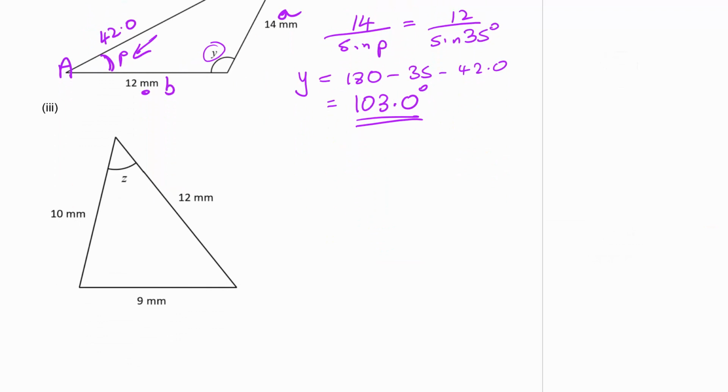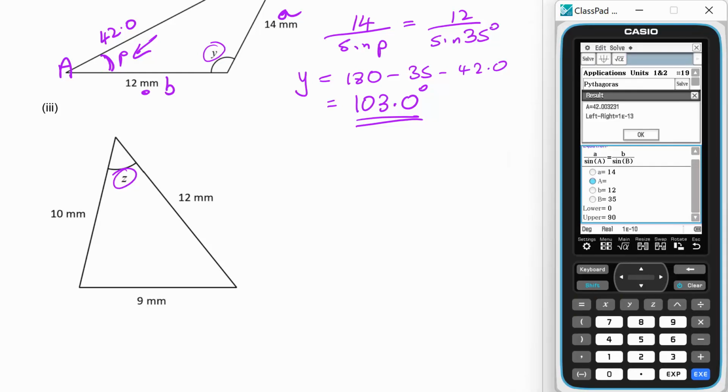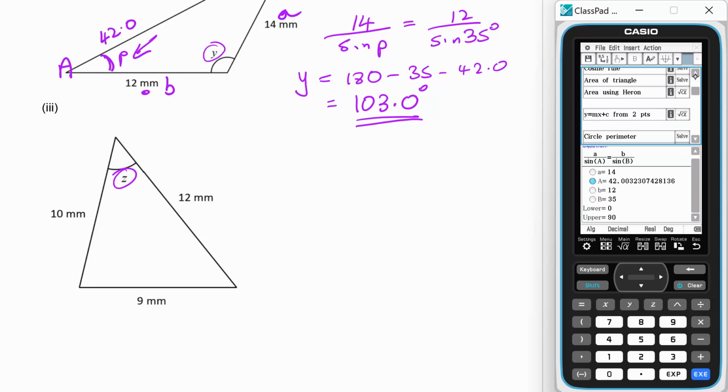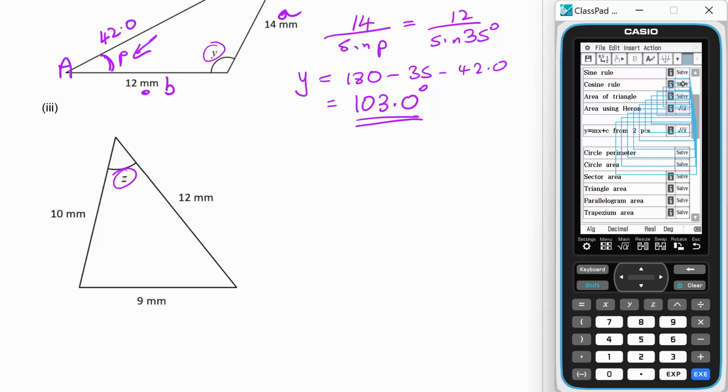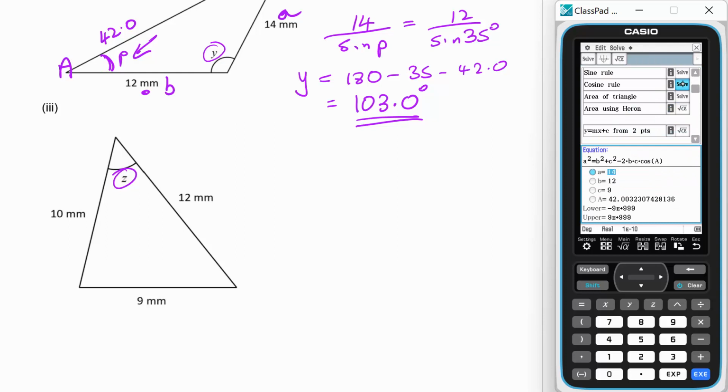Finally, we want to find this angle here, Z, and we know the three sides, so that's a cosine rule. And if I just quickly go back here and go into the cosine rule activity, my formula is quite nicely there at the top of the screen.